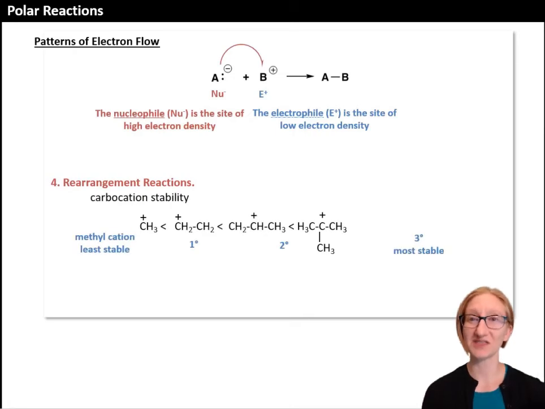And the stability of carbocations increases with substitution, meaning that more substituted carbocations are more stable than less substituted carbocations. And so carbocations can undergo rearrangements to form more stable carbocations. And that's the only way a rearrangement will happen, a less stable carbocation rearranging to form a more stable carbocation.